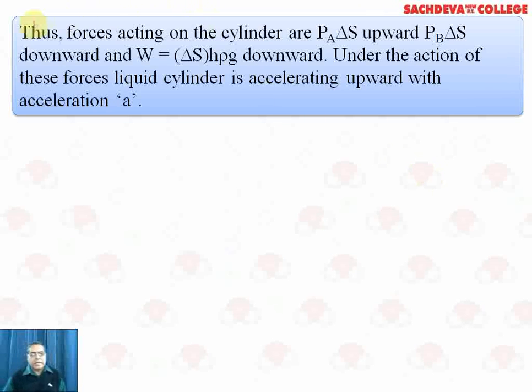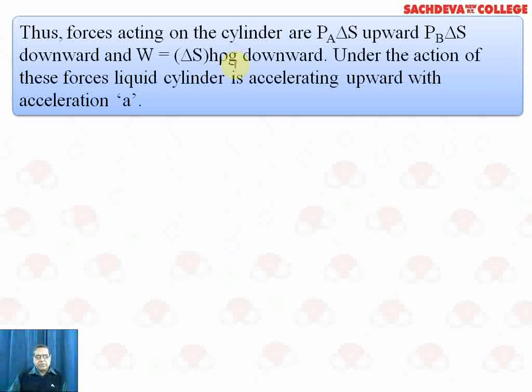The system is accelerating upwards as shown by letter a. The forces acting on the cylinder are PA delta S upward, PB delta S downward, and W, that is the weight. Weight is mg, where m is mass, that is density into volume, and volume is area of cross section into height. So weight is written as delta S h rho g downward.